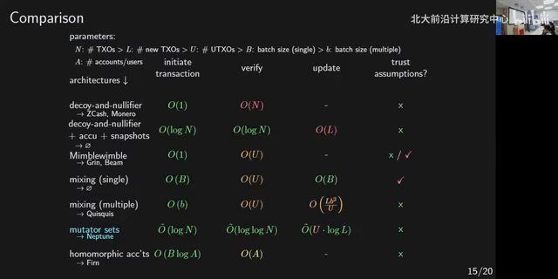And so here's the cost picture. Let's look at the big terms. In the decoy and nullifier scheme, somebody needs to store the whole nullifier set. And if you use snapshots, you need to keep track of all the nullifiers that are being published after your UTXO is confirmed.